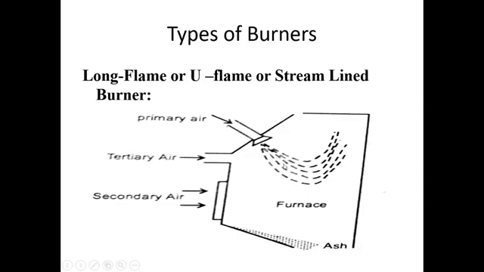Because of this, there will be complete combustion. The tertiary air is used to create turbulence with the secondary air. So more turbulence, more complete combustion can be expected. Once the fuel is burned, the ash is here. The ash handling system will be just below this.